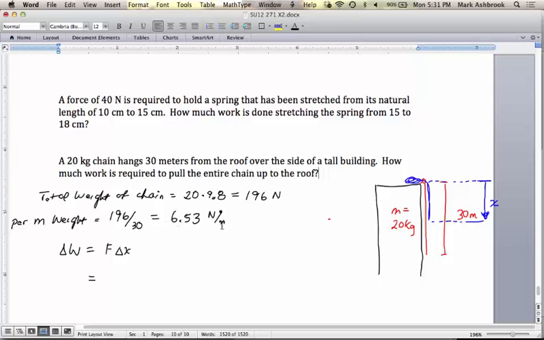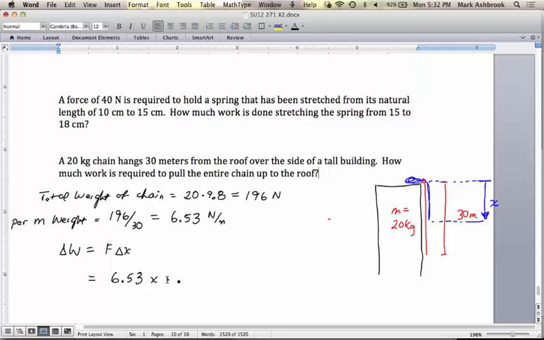Well, if you find the per meter weight, then you can just take the 6.53 times x. Now, you might have arrived at that a different way, and that's okay. If this weighs 6.53 newtons for every meter, and we've got x meters, then the total force for x meters hanging is 6.53x.